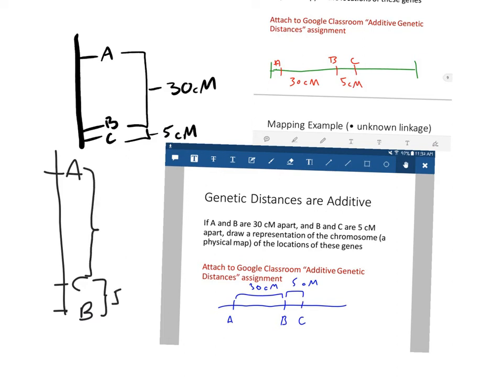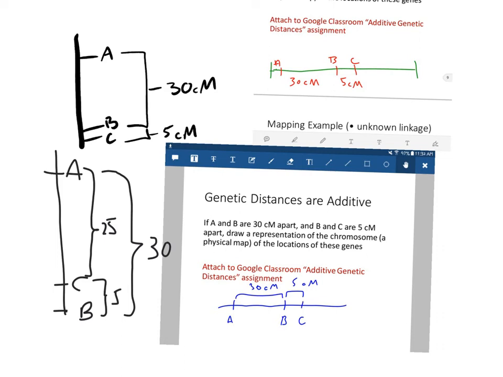Right. So if A and C are 25 centimorgans apart, then the distance from A to B is still 30, which was a requirement, and B to C is still 5, which is one of the requirements. The point is that we can't tell just from these data which order the genes are in.